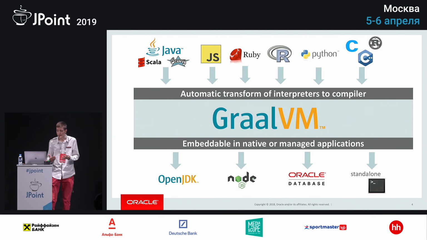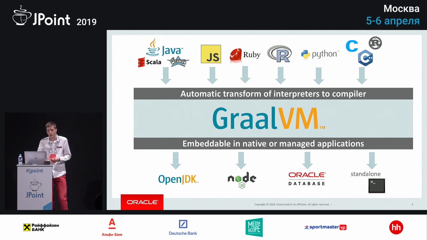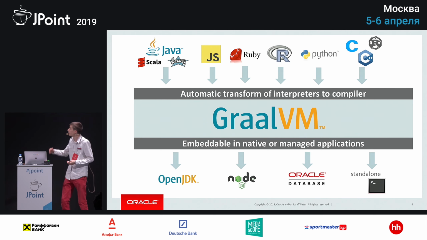In this talk, I have a couple of demos now, and I will focus on two things here. I will focus on running Java, Scala, and Groovy via OpenJDK on GraalVM. And the second thing I will focus on is running those things standalone.